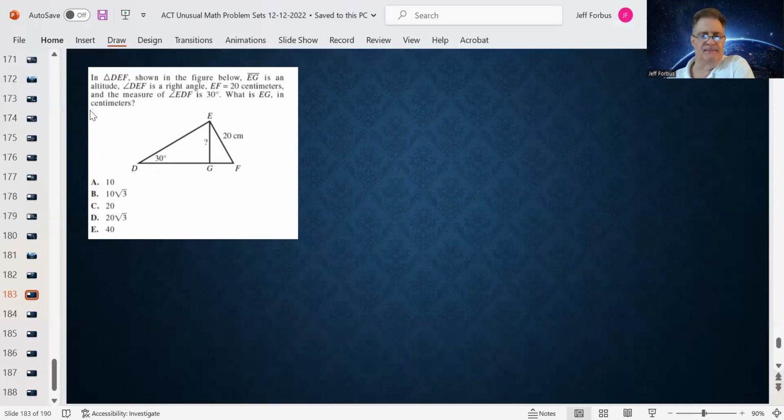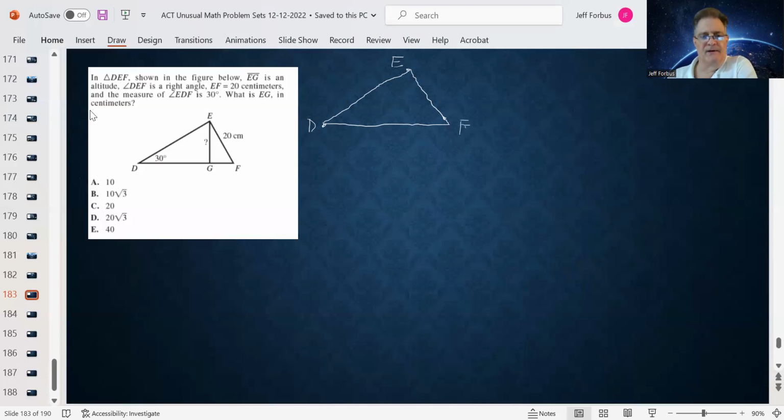So let's do this. I'm going to make this triangle like this. Okay, so this is D, this is E, this is F. Now I drew it without EG in there.